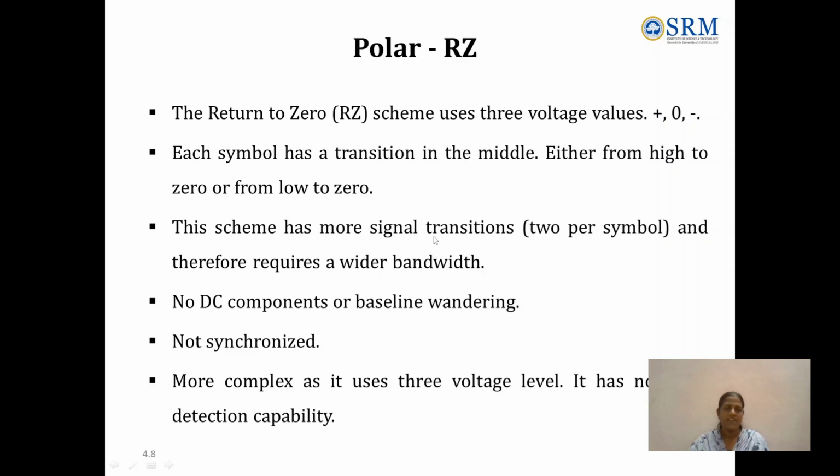This scheme has more signal transitions, using two per symbol, and therefore it requires wider bandwidth. Here also we do not have a DC component or baseline monitoring, and it is not synchronized. It is more complex as it is using three voltage levels, and it does not have any error detection capabilities.